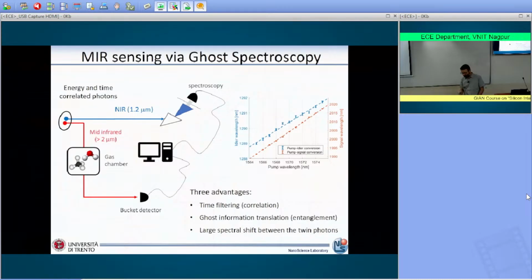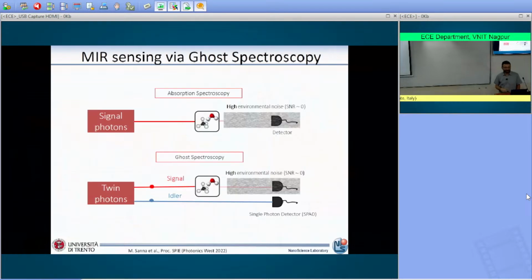And finally, by using intermodal spontaneous four-wave mixing, you can get a larger spectral shift between the twin photons, the entangled photons, meaning that now you have the possibility to have photons in the mid-infrared where they should be absorbed by the gas.